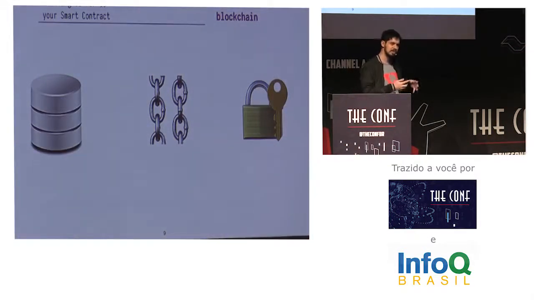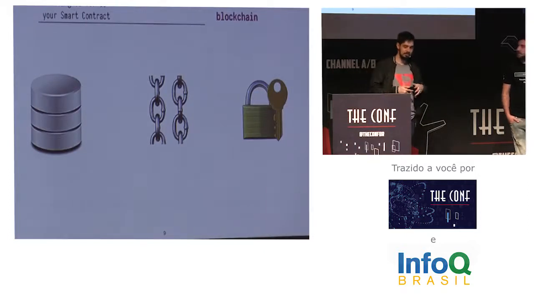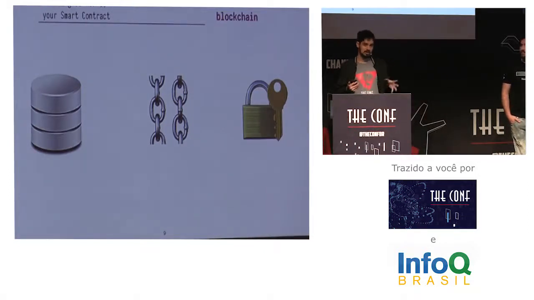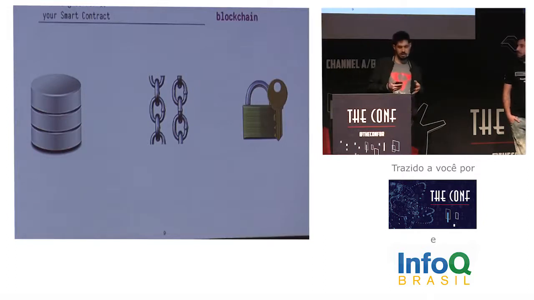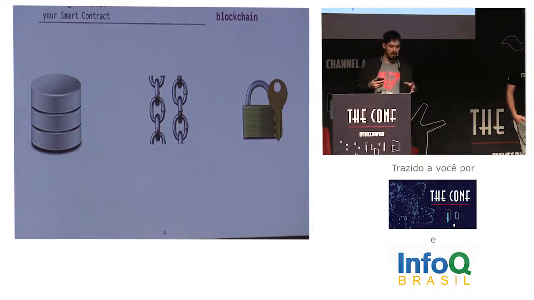So, as I promised you, a quick recap here on blockchain. I won't take long because Victor and Bernardo already did the heavy lifting for us. But the main way I like to see blockchain is as a big immutable database that you can only write to one time. You cannot delete it, you cannot update it. And the way that you write on the blockchain is by blocks.